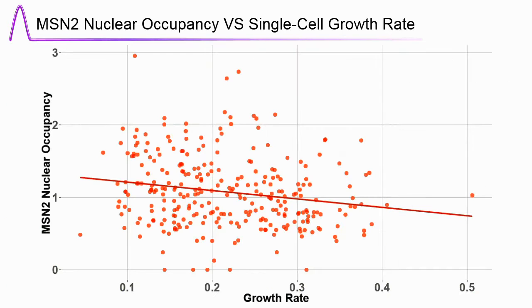So if I plot growth rate on the x-axis against MSN2 nuclear occupancy on the y-axis, we can see that there is a significant negative correlation between those two, which tells me that in the slow-growing cells, more MSN2 goes to the nucleus and it tends to stay there longer.